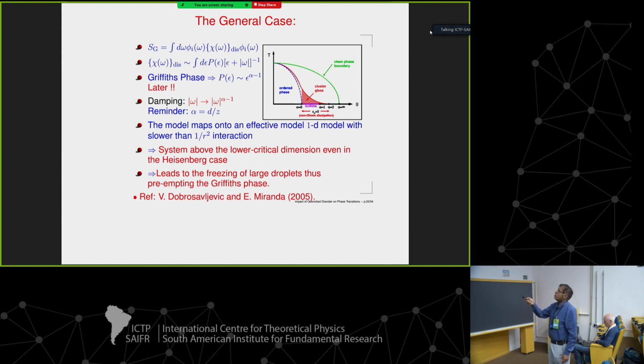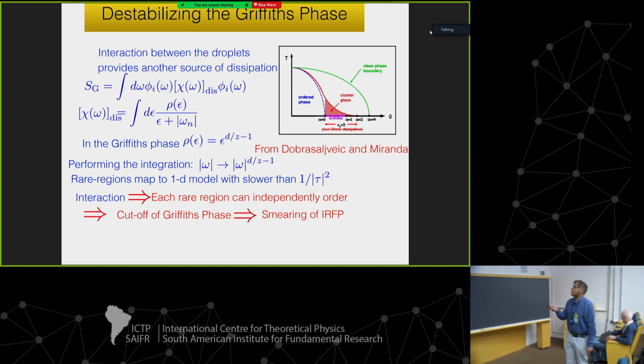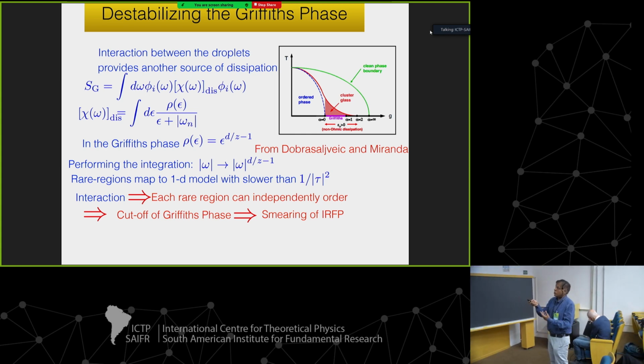If you want to evaluate this local susceptibility, then you want to have some information about the density of states, and this density of states gives you some information about the random distance to criticality on each of these rare regions.